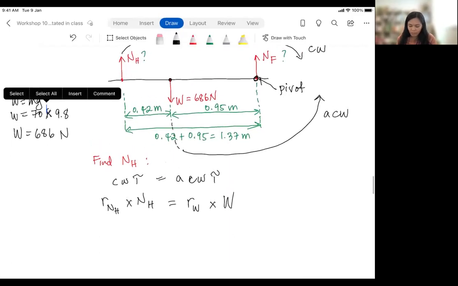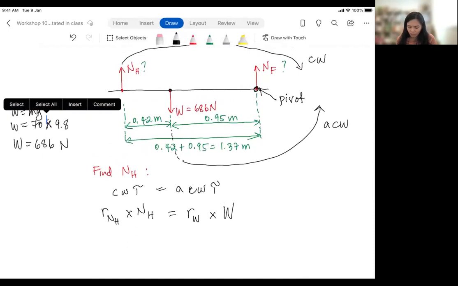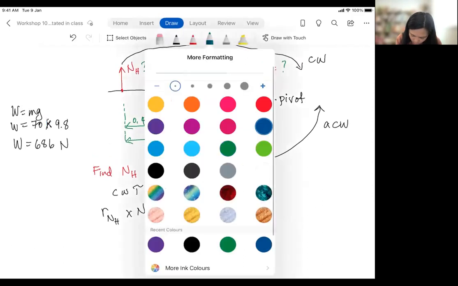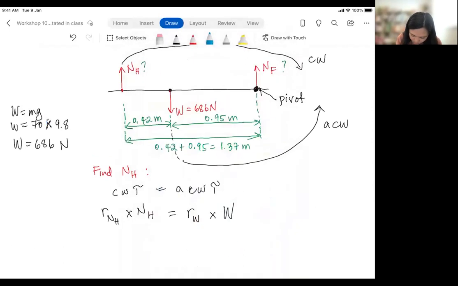Okay, moment arm for NH. Your pivot point is at the position of NF. So the moment arm for NH is vertical. So the moment arm goes from your NH, let me change colors, from your NH it should go towards your pivot point.